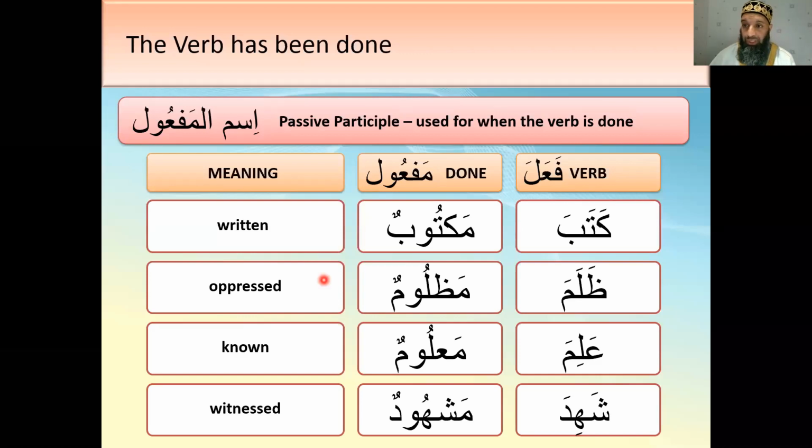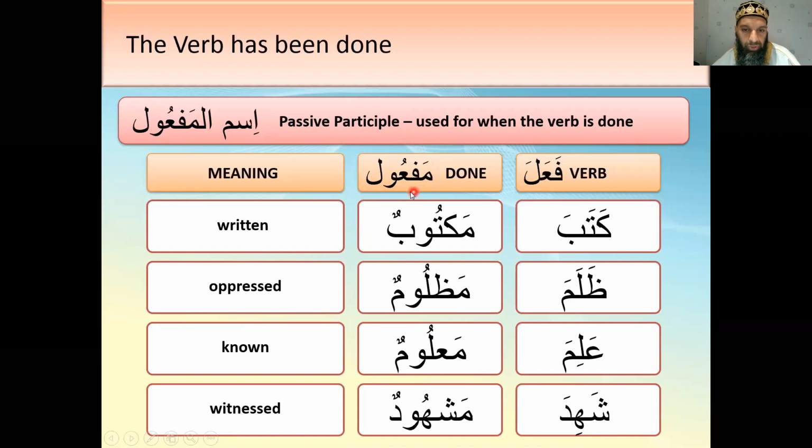I'll give you this other one. Jahila. What does jahila mean? He didn't know. To not know. To be ignorant. So put jahala, I don't know if it's jahala or jahila, but put that through the maf'ul machine. What do you get? Majhul. What is majhul?